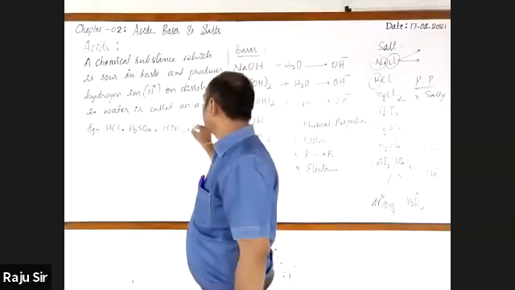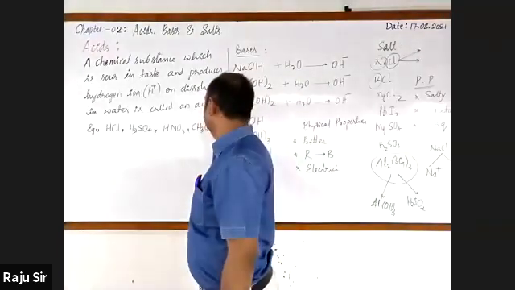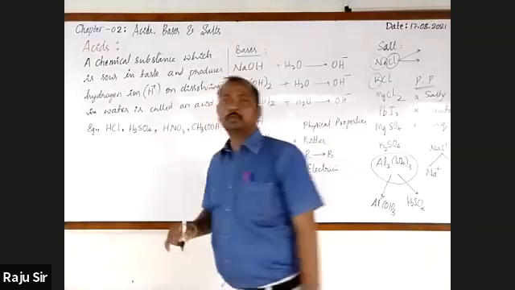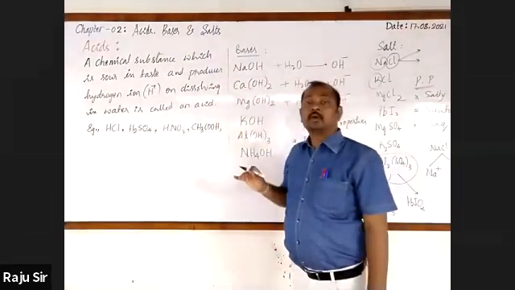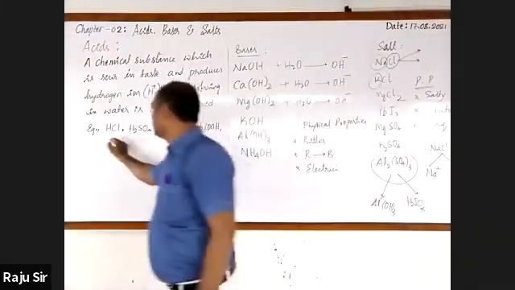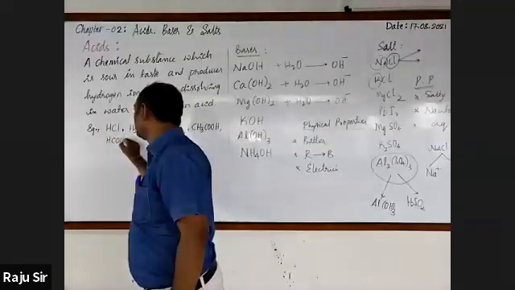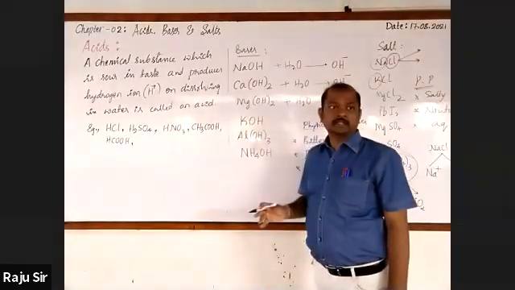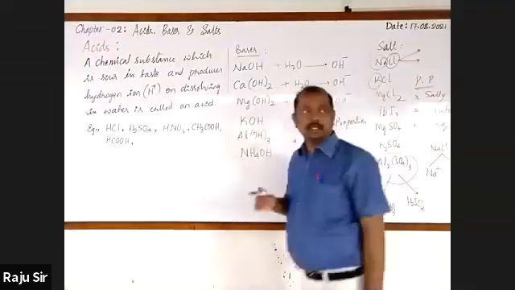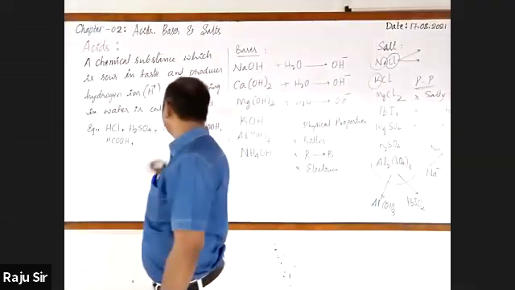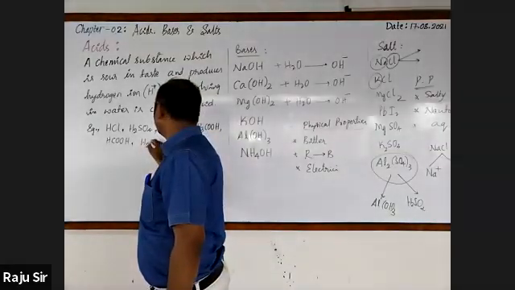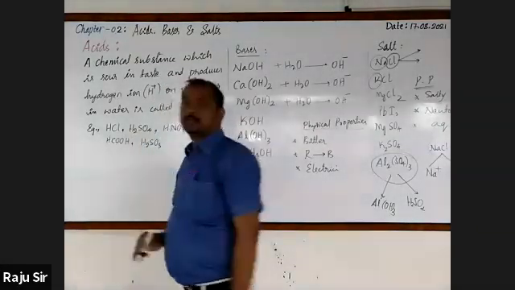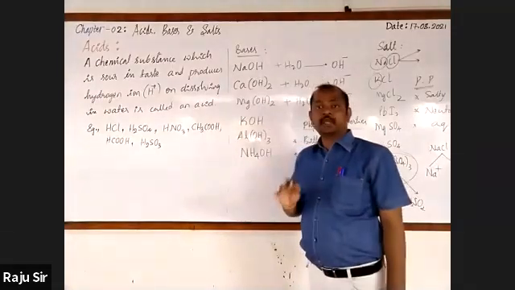Then CH3COOH, which is acetic acid. HCOOH, which is formic acid. H2SO3, sulfurous acid.